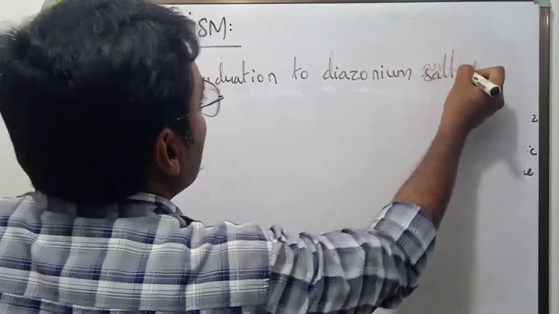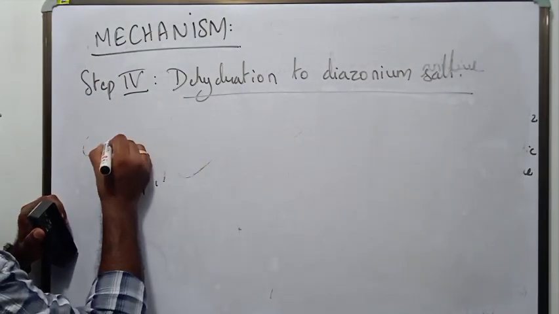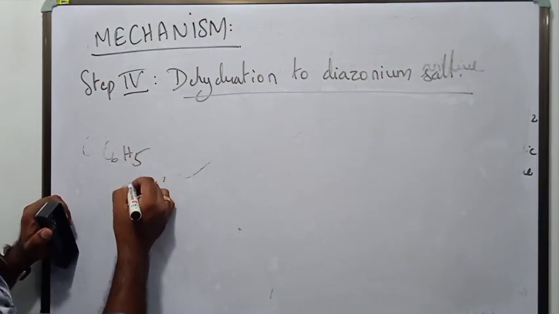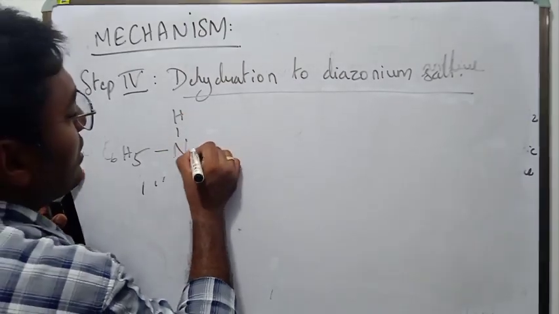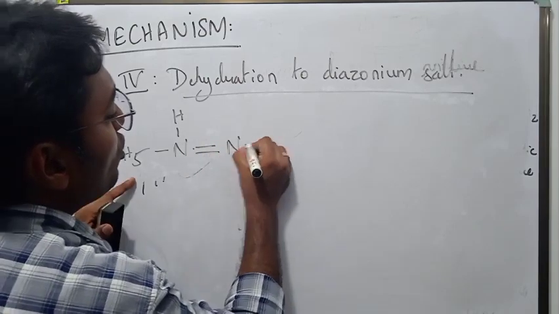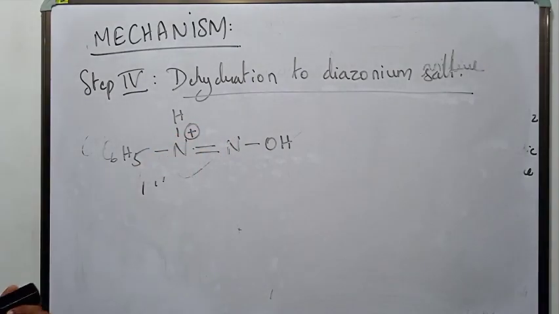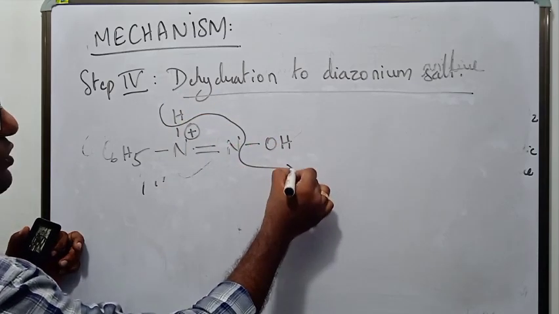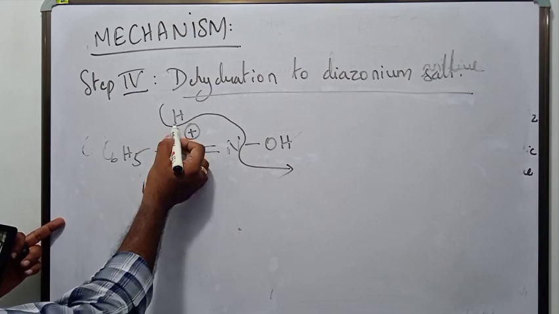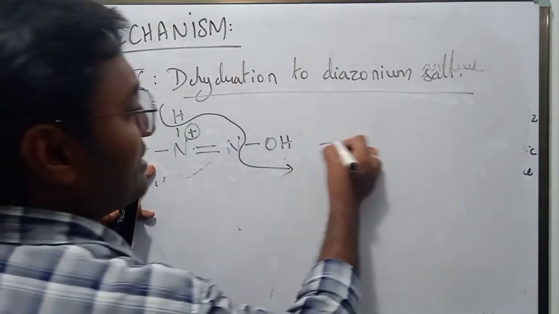Let us see, this is the structure: C6H5NH, NOH. The positive sign was here. Now what would happen? This H and this OH go from here. And what is the result? Let us see.